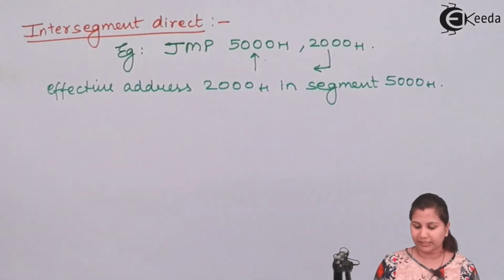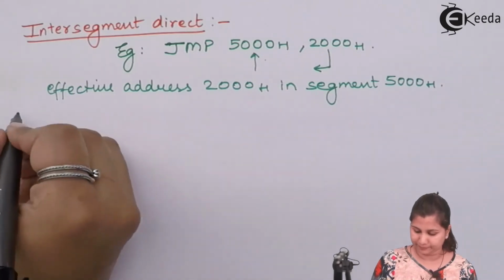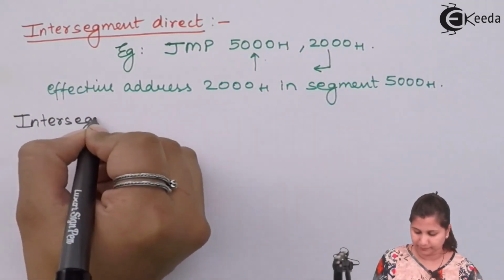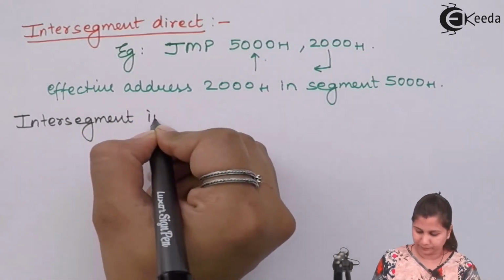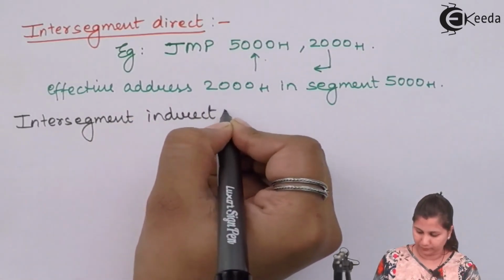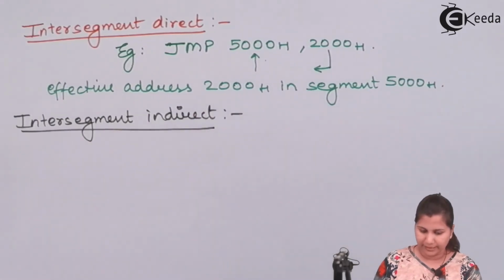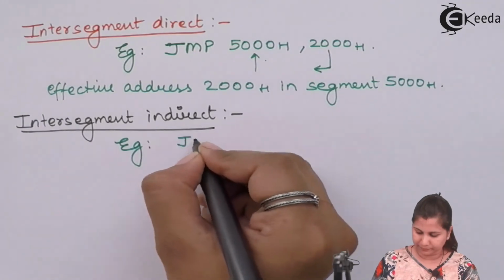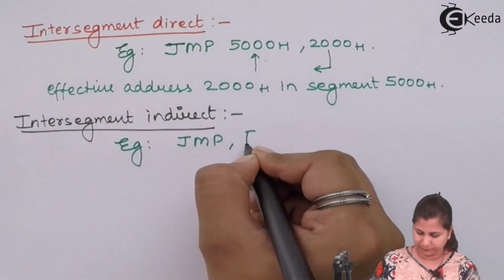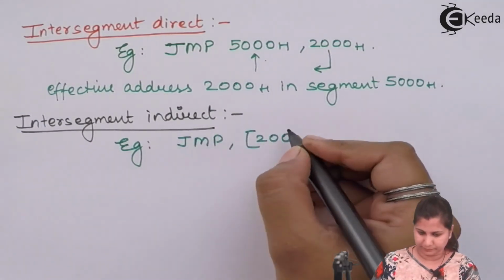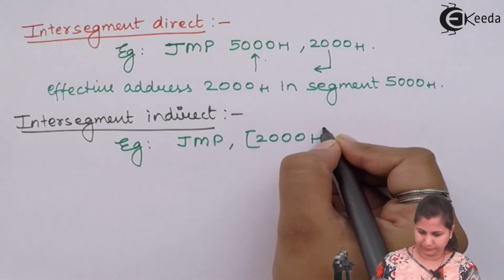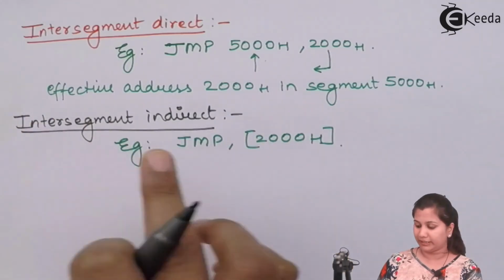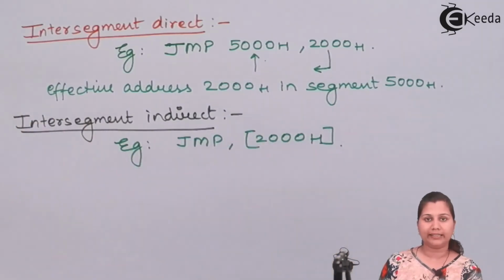Next we have the inter-segment indirect. Here the address is not directly specified, it is written indirectly.